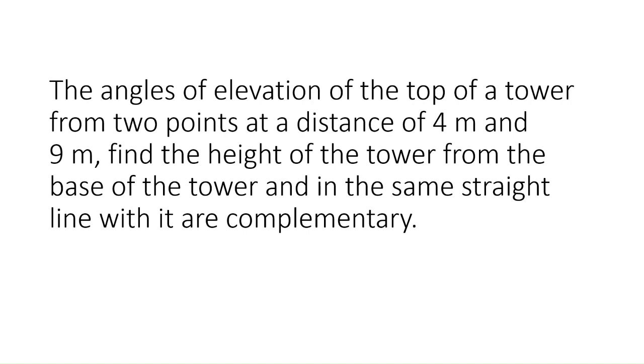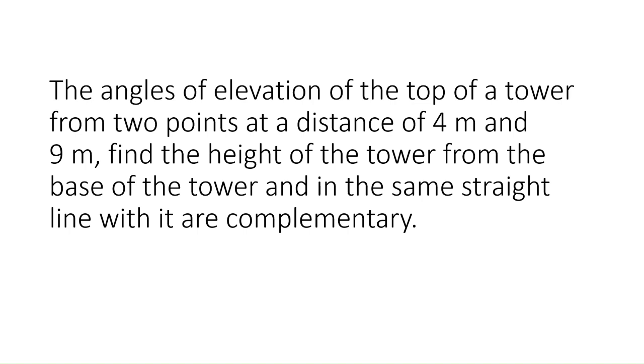For that we are given two angles of elevation from two points, such that those angles are complementary. And the two points' distances are given from the bottom of the tower, right? So we need to find out the height of the tower here.